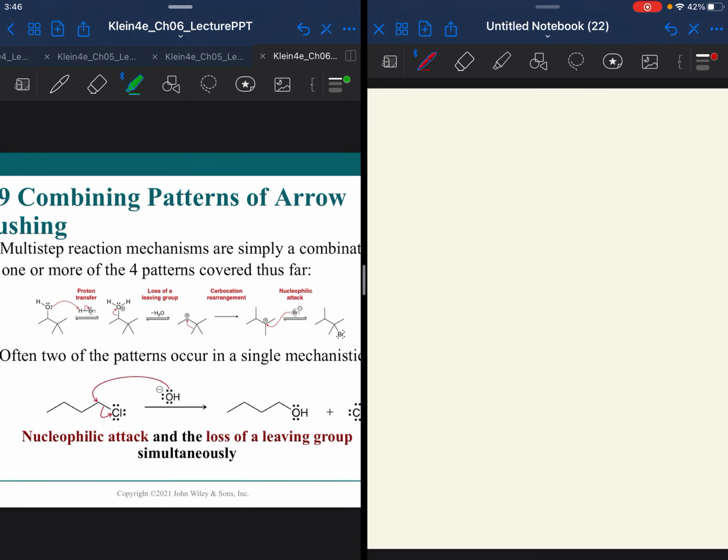Now, when we look at reactions, this is a reaction from the end of chapter 7. So we will talk about this in this unit, but it'll be in a couple weeks. We are taking an alcohol, right? If we just looked at the overview of this reaction, we are reacting it with hydrobromic acid.